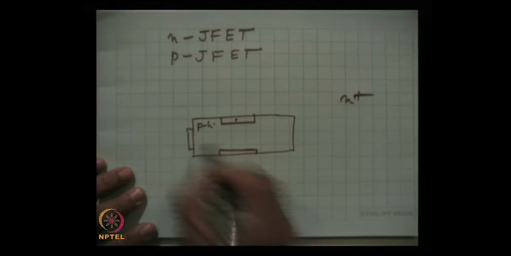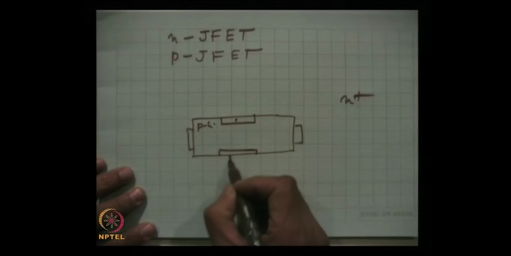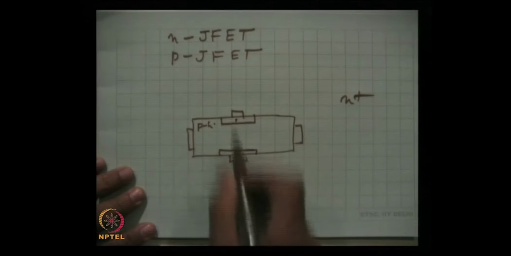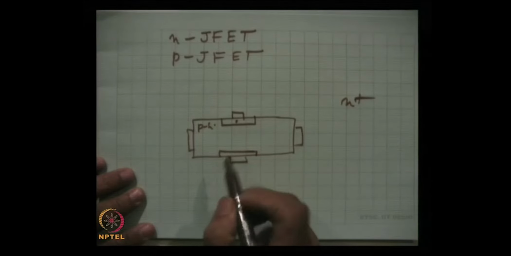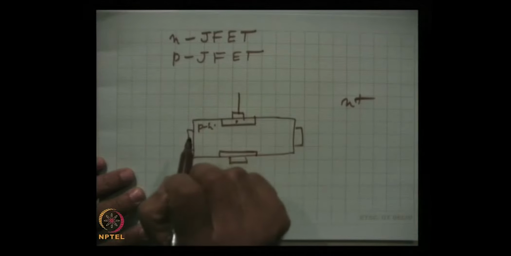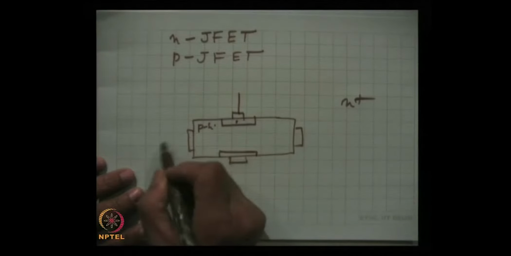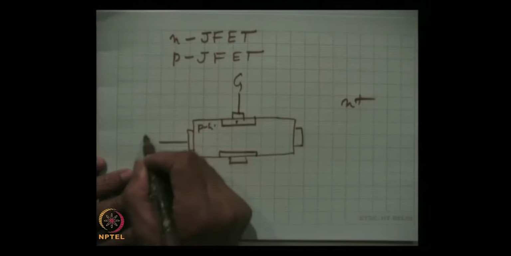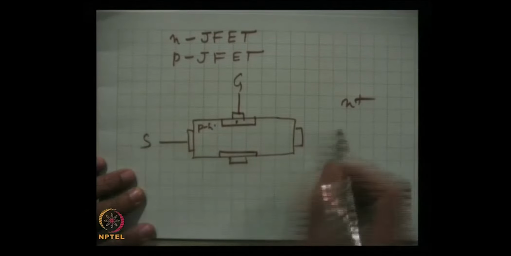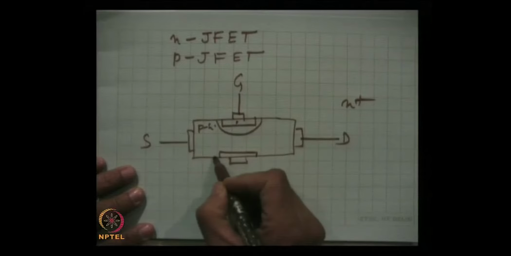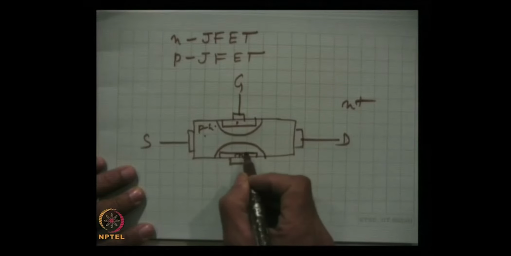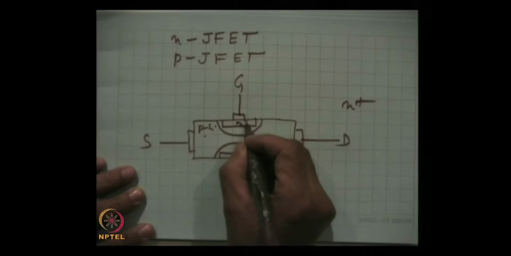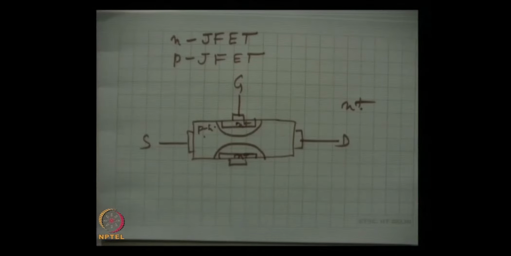We will apply the electrodes, and these two gates will be internally shorted to each other, so that externally only one lead is available. This is gate, this is source, and this is drain, and same thing, depletion regions will be here. This is now P and this is N region, heavily doped N regions.